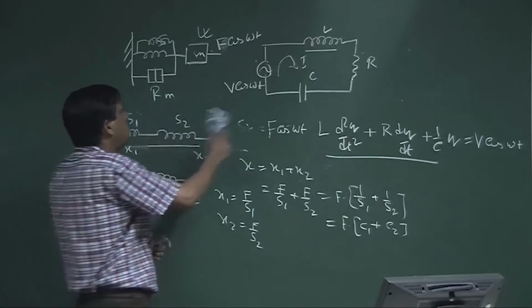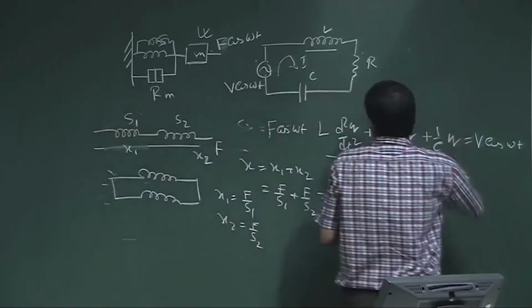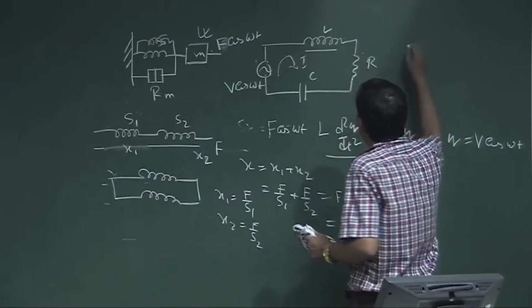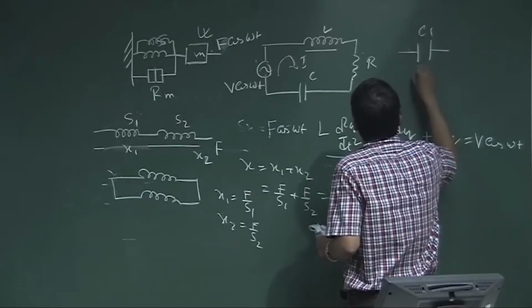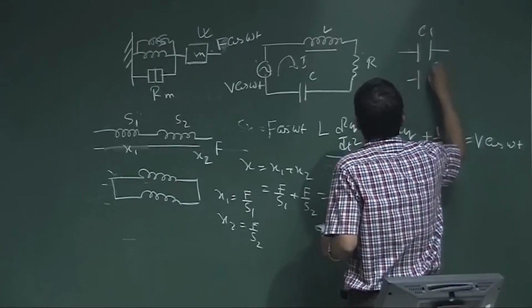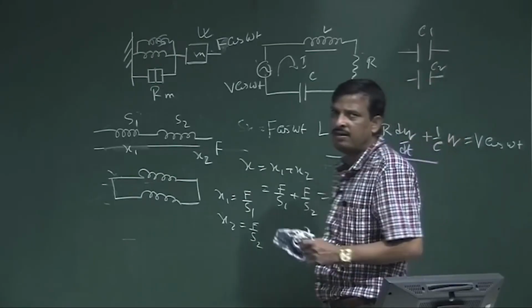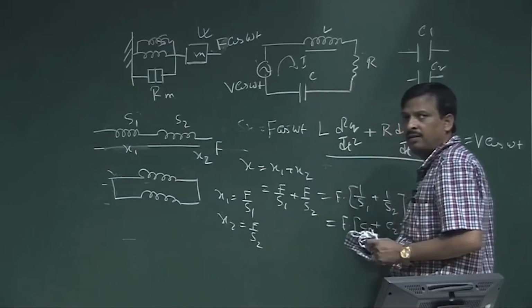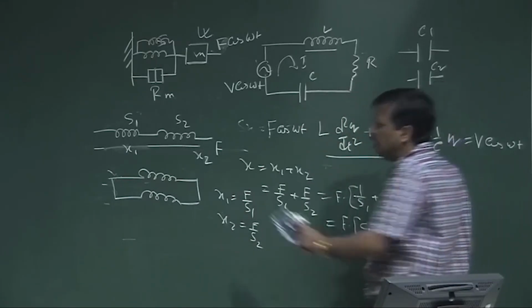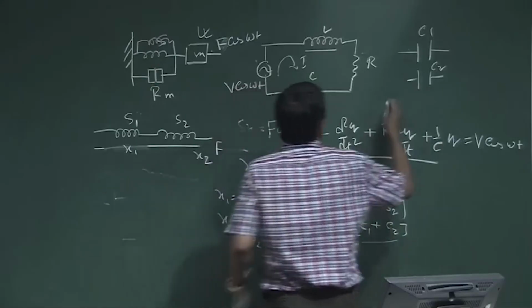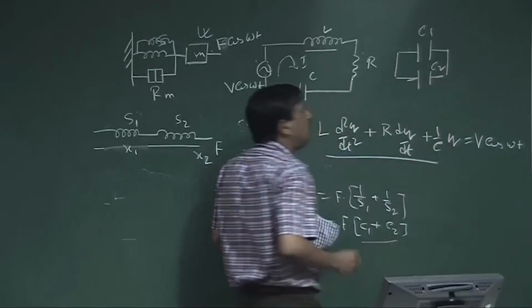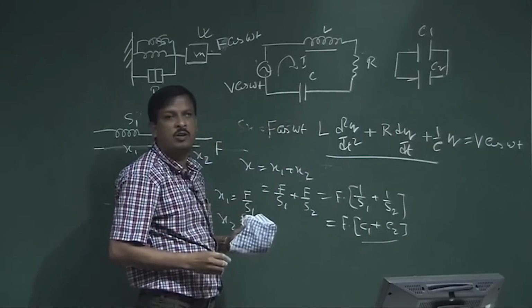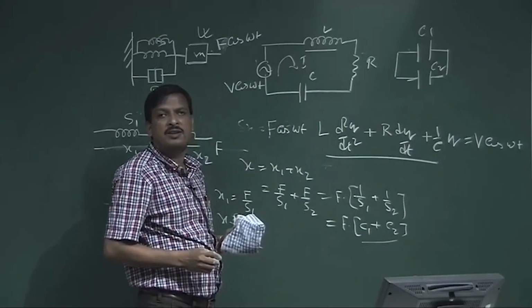So, if I have two capacitances, C1 and C2, how should they be connected to get the equivalent capacitance C1 plus C2? If they are connected in parallel, what is the equivalent capacitance?